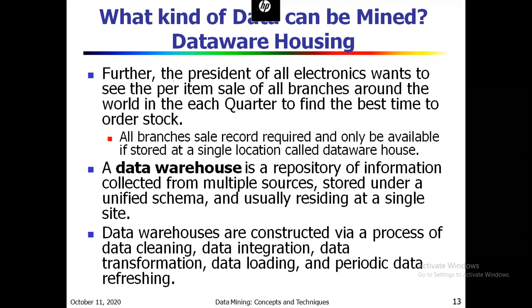For example, if the AllElectronics president wants to see the per item sales of all branches around the world in each quarter to find the best time to order stock, you can pause the video to think it over. What is the problem? All branches' sales records are required and can only be available if stored at a single location called a data warehouse.